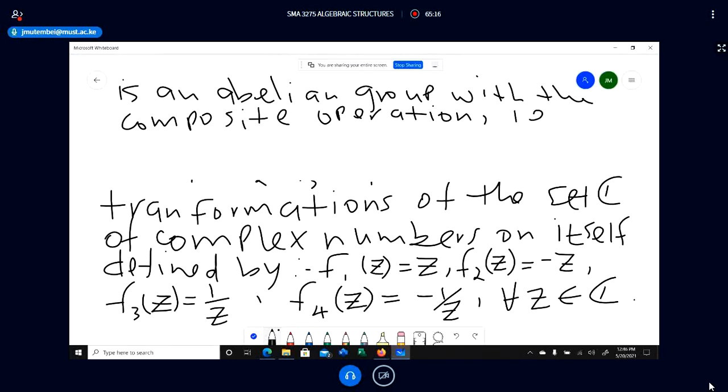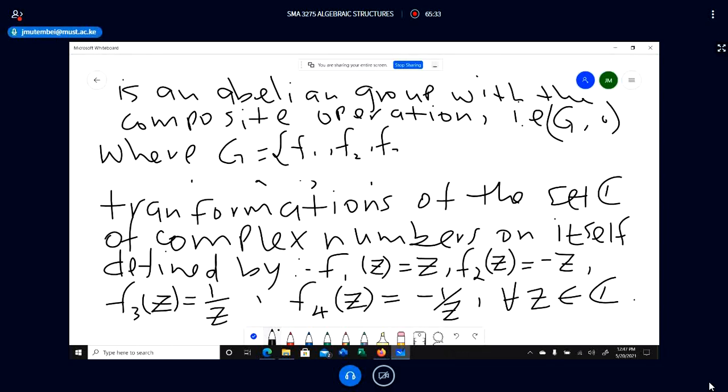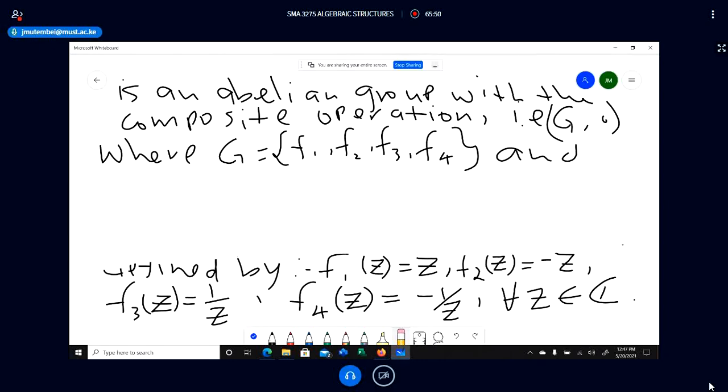In other words, I want you to show that G together with the composite operation, where G is the set F1, F2, F3, F4, and the transformation operation we are referring to is from the complex set, and F is mapping from the complex set to the same complex set.